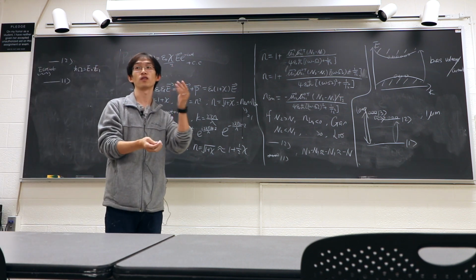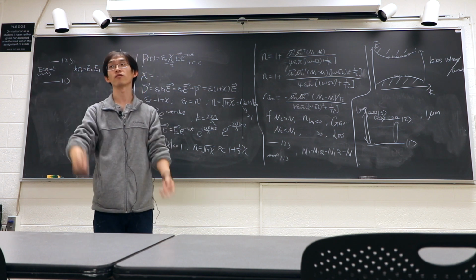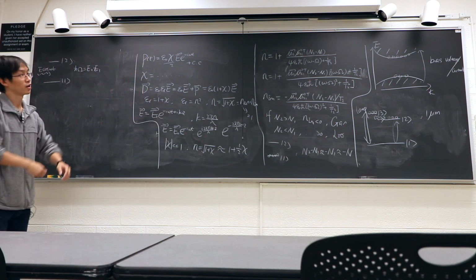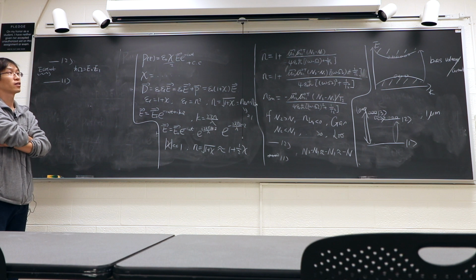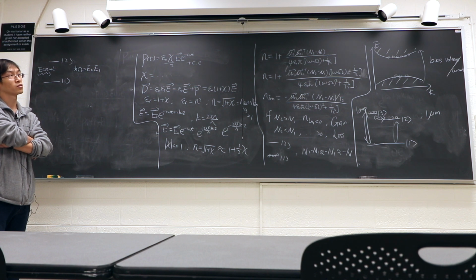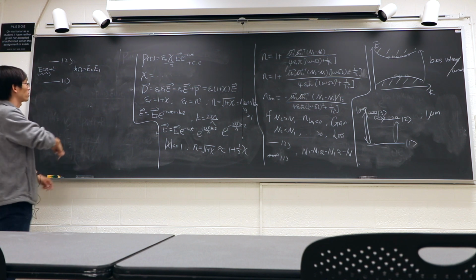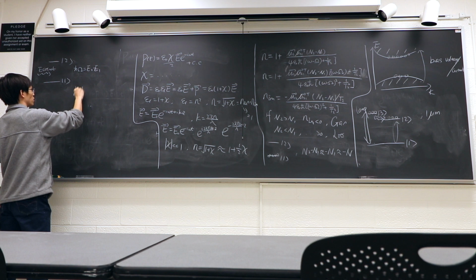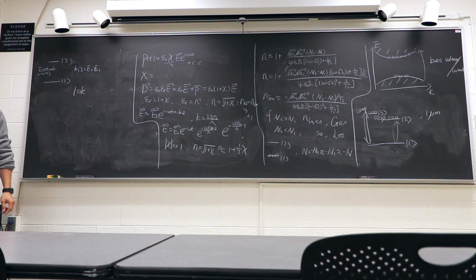You invert the population, you shine the light, and then you amplify your light. And nowadays you can actually buy a very powerful amplifier with a reasonable amount of money. For example, with about 10K, you can buy a research-level 10 watt laser amplifier. Okay, you can input 1 milliwatt and amplify to 10 watt.